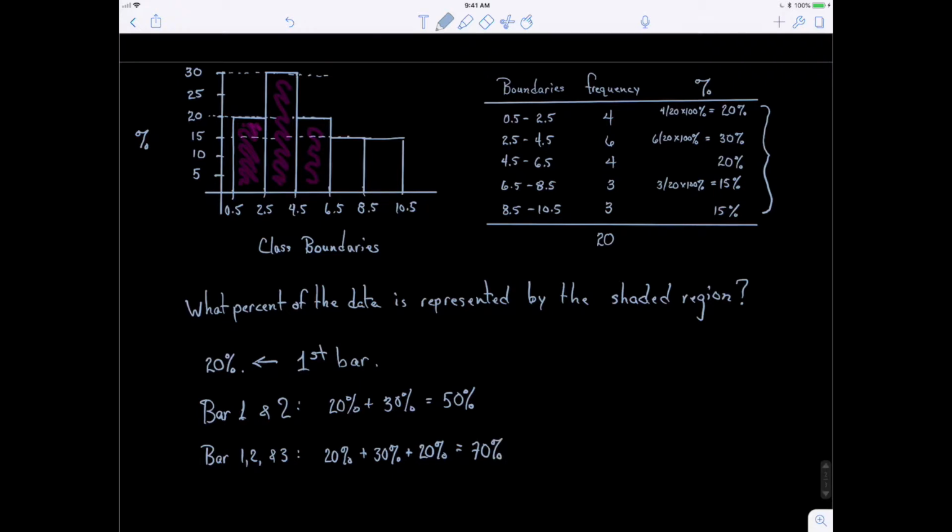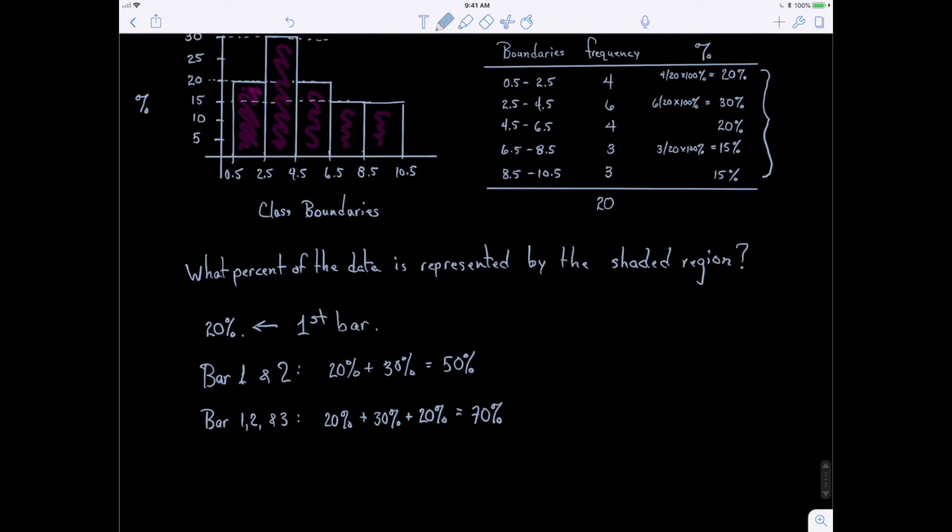Now, what do you think happens if I shade all of the bars, 1, 2, 3, 4, all bars shaded? Well, that's going to be the 20% plus the 30% plus the 20%, and then I have two more 15%. If we add it up, with the entire picture shaded, that's 100% of the picture.